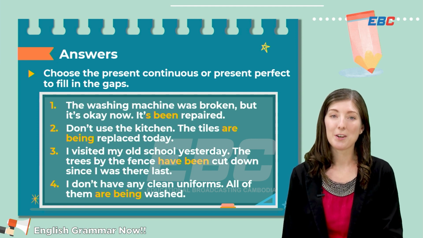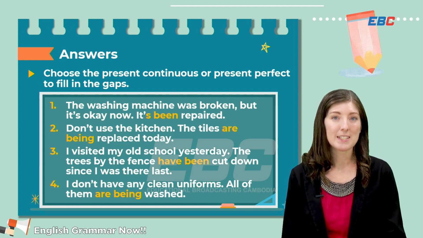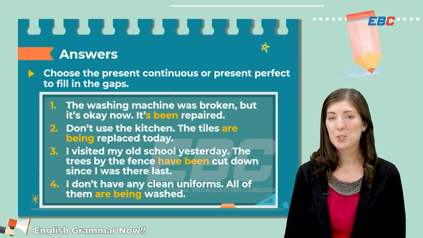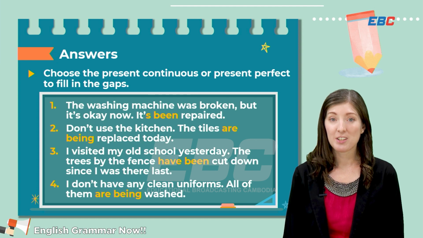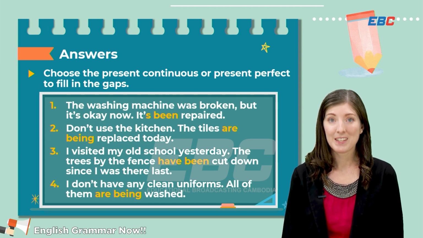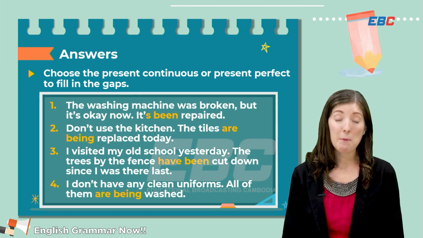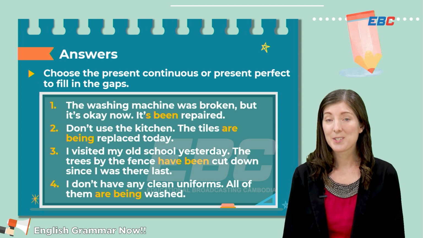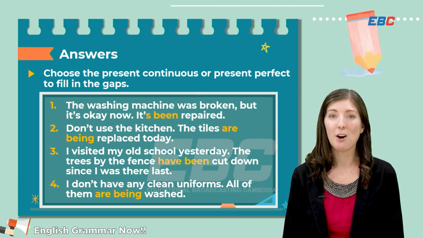The long form of that is, it has been repaired. For number 2, don't use the kitchen. The tiles are being replaced today. That process is happening now. Maybe they are right now replacing tiles. So the tiles are being replaced.